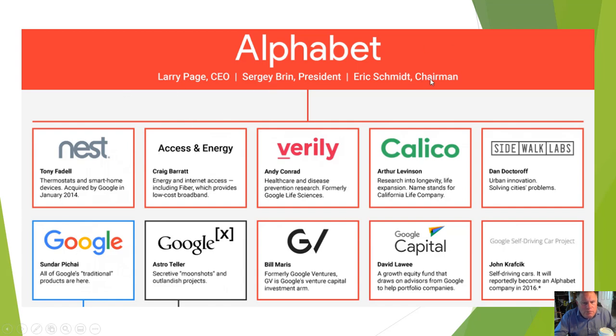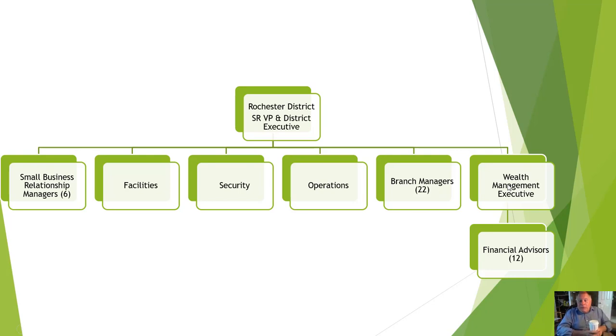Here you go: Google, our traditional products, and the projects they're working on: Google Ventures, their venture capital arm, a capital equity fund, self-driving cars, urban innovation, research, healthcare, all these different areas, because they feel that they can better manage it if you have the separate businesses.